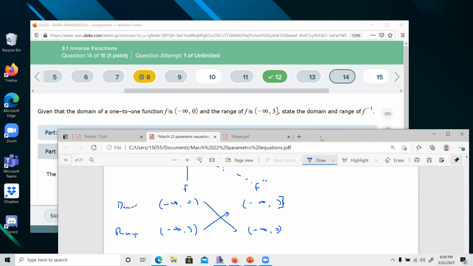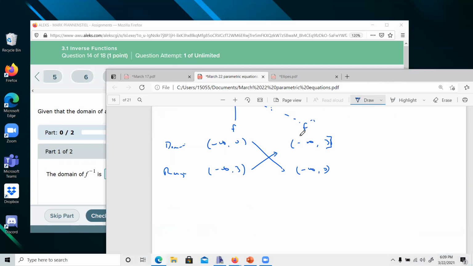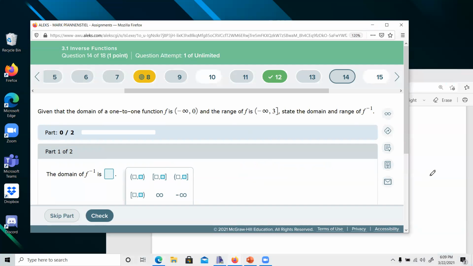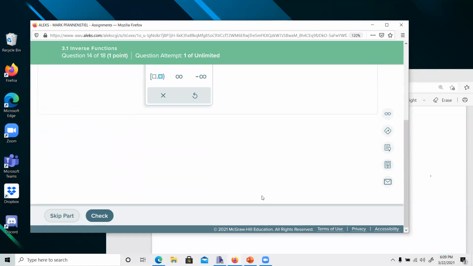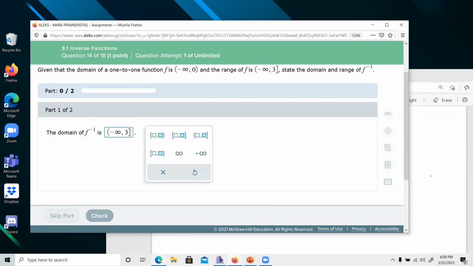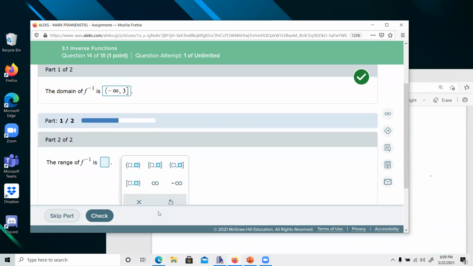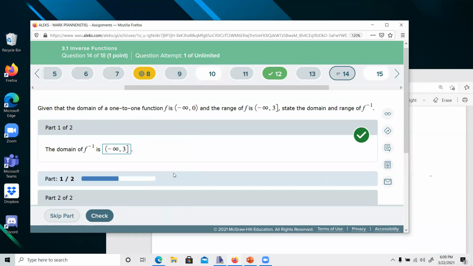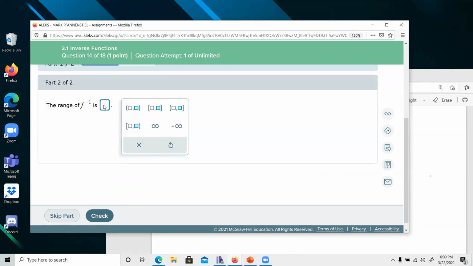I wonder if their last problem is the same as the pre-calc last problem. I'm curious. Negative infinity up to 3. Are they going to make us check? They are. Oh, dear God. Okay, and then the range is the domain here, so it's negative infinity up to 0, and we get to do that one.